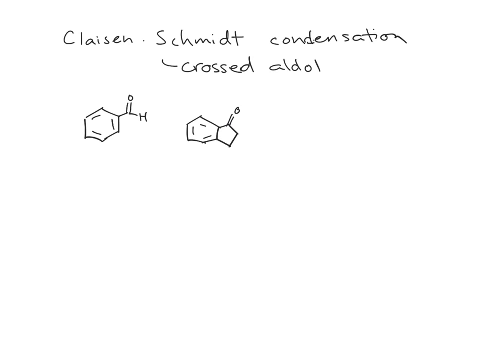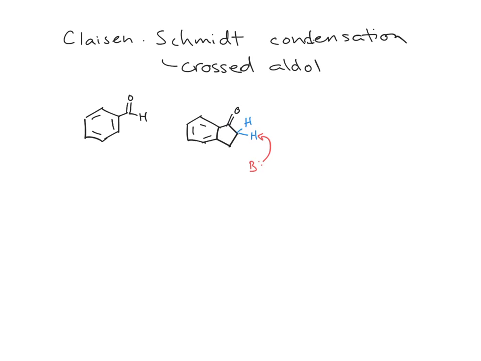Whereas indenone, the compound on the right, to the left of that carbonyl is the aromatic ring. There's no proton there that you could deprotonate. To the right is one carbon that has the necessary protons on it. And so those are the only protons that a base in this system would be able to deprotonate.